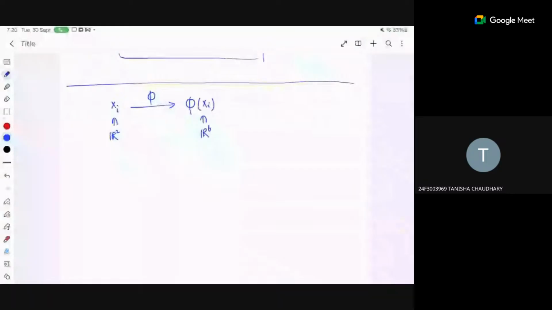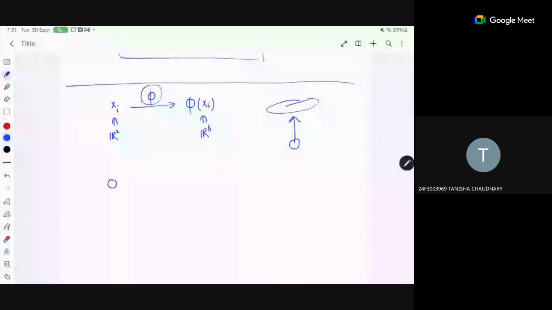There was a nonlinear relationship between the features, and doing the PCA was difficult. So what we said is, let's map this data set to some higher dimension, which we are doing using this mapping phi. And once we move this data set to higher dimension, we will do the PCA on the higher dimension is the idea.